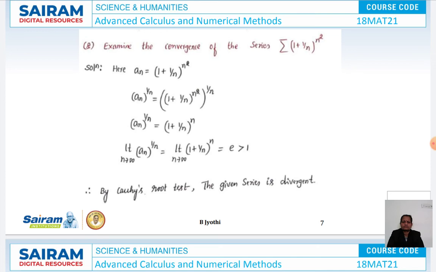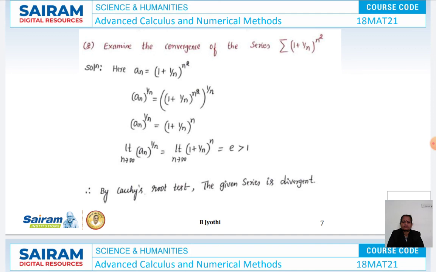When we simplify this, an to the power of 1 by n will be equal to (1 plus 1 by n) to the power of n. Take the limit as n tends to infinity on both the sides. Then we get limit as n tends to infinity, an to the power of 1 by n is equal to limit as n tends to infinity (1 plus 1 by n) to the power of n.